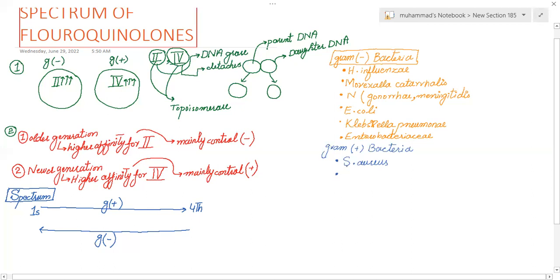The next one is Listeria monocytogenes. Other one is Streptococci. So these are the gram-positive bacteria that are controlled by fluoroquinolones.